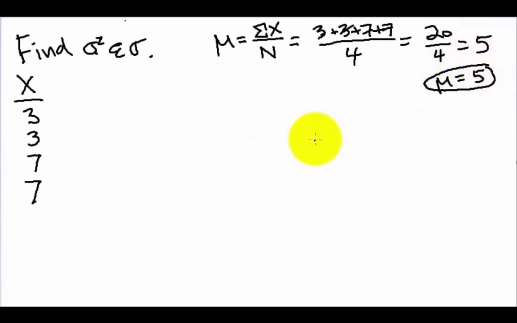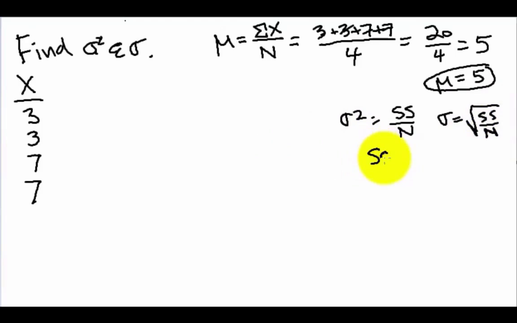To find the standard deviation and variance, I'll write the formulas over here. The variance is equal to SS over n, and the standard deviation is equal to the square root of SS over n.